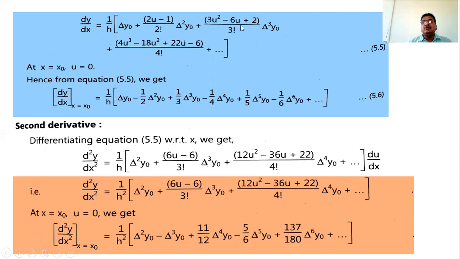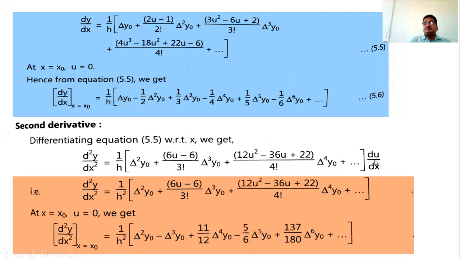Then the derivative of this quantity with respect to u is 6u minus 6 by 3 factorial delta cube y naught. In this way, the derivative of the next quantity with respect to u is 12u square minus 36u plus 22 by 4 factorial into delta raised to 4 y naught, and so on, into 1 by h.